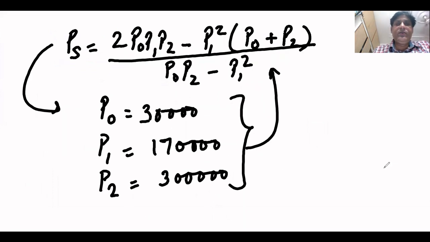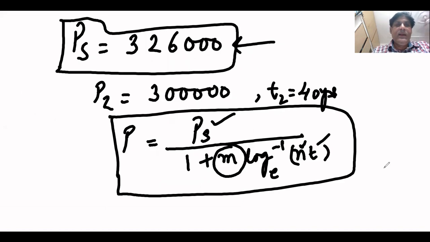We calculated the saturation population by using this, with the given set of data, right? We calculated the saturation population as 3,26,000. Now, in any case, the population after any time slot cannot be more than the saturation population. We've got population P2 as 3 lakhs after 40 years.